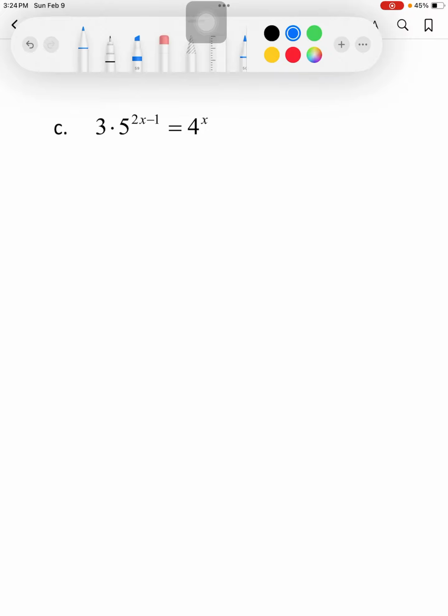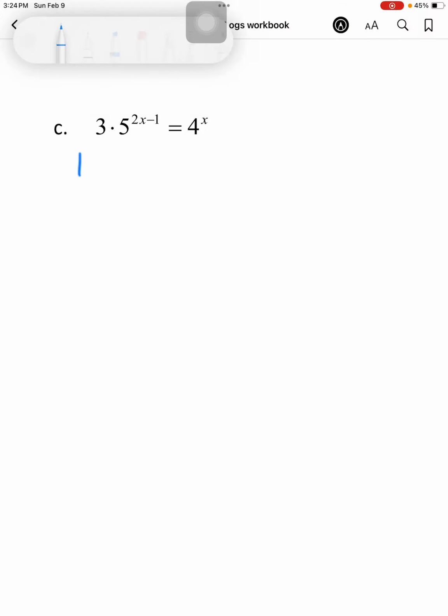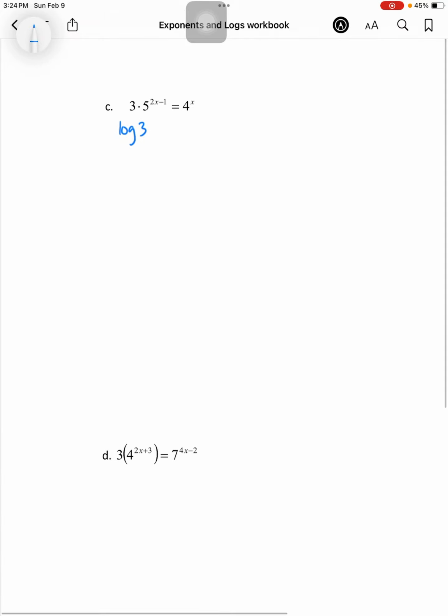So here, you get log 3, oops, I forgot a bracket, 5, 2x minus 1 equals log 4x. That's a 4, not a 9. And now we should do the same thing.